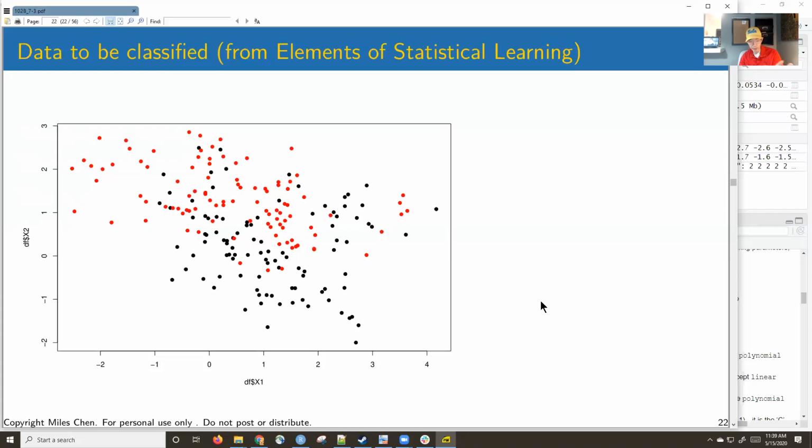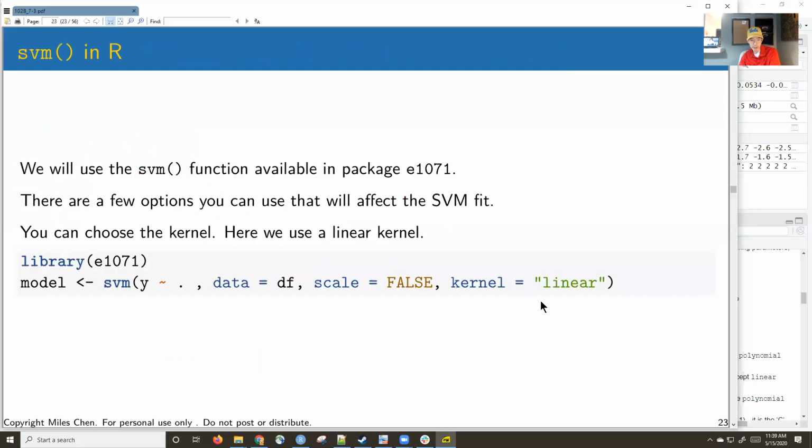So anyway, we want to draw some kind of boundary that separates this. And obviously we can't draw a linear boundary that's going to be 100% successful, but we can try. And so SVM will show us potential candidate locations here.